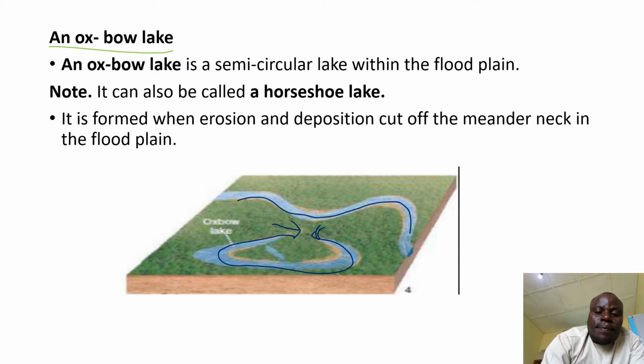If depositional materials come and get deposited here, they will block the meander neck. And when the meander neck is blocked, the original river keeps on flowing in a straight line, leaving this part of the river separated from the main river, forming an oxbow lake.